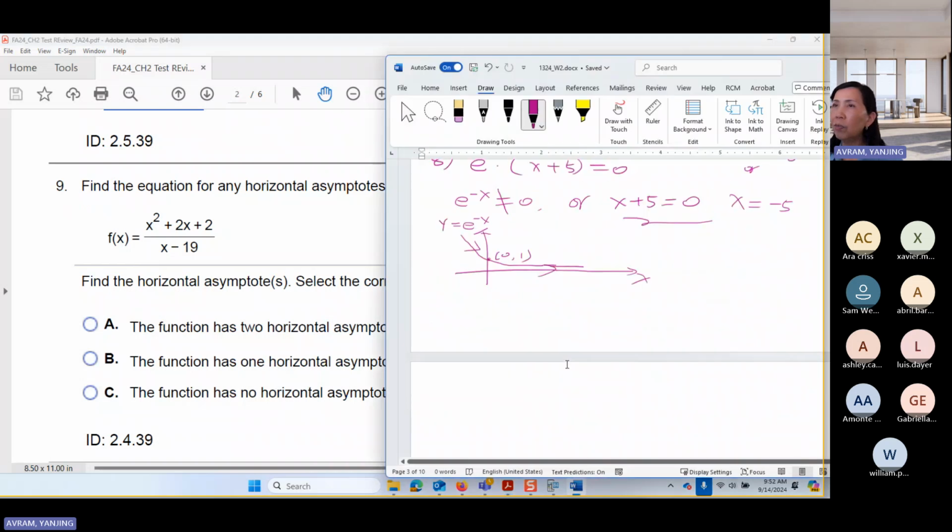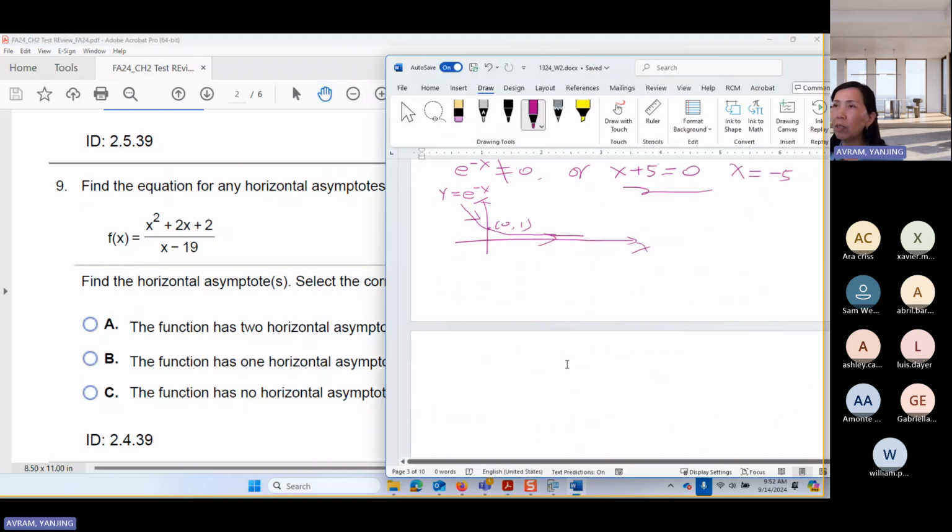The function will only have a horizontal asymptote if the numerator and denominator have the same degree, or the numerator has a lower degree. If I have x minus 19 on top and flip this one right here, if I update this one into this one, now I will have a horizontal asymptote.